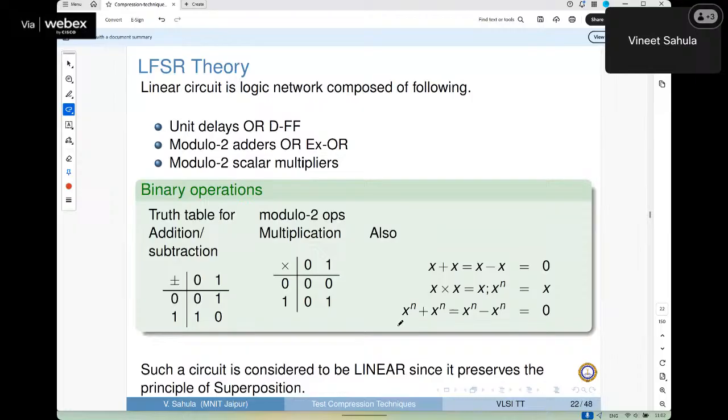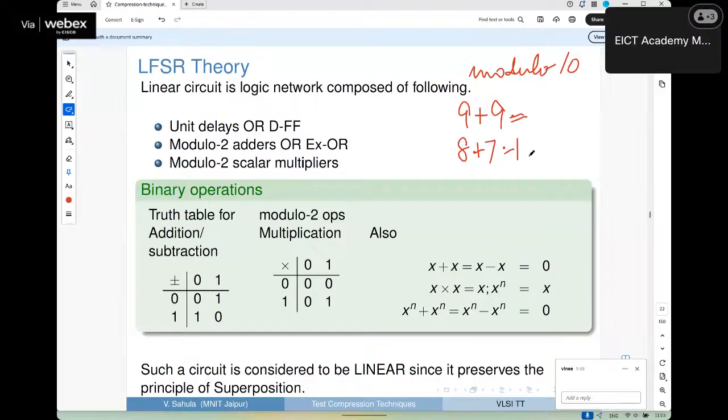This is modulo 2. What you are doing nowadays without saying anything is modulo 10. You don't say modulo 10, but you are doing everything modulo 10. So 9 plus 9 is how much? Or let us say 8 plus 7 is how much? Modulo 10 means 8 plus 7 is 15. 15 is 5 above 10, and this is place value: 10 to power 1 into 1, 10 to power 0 into 5.